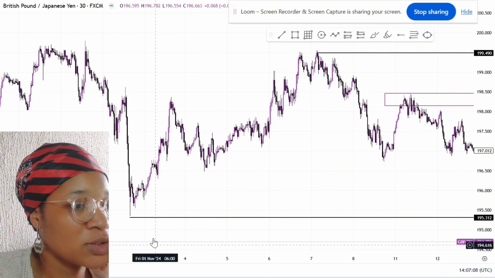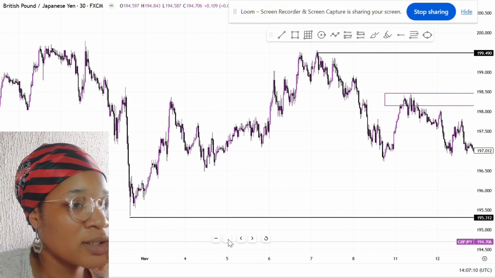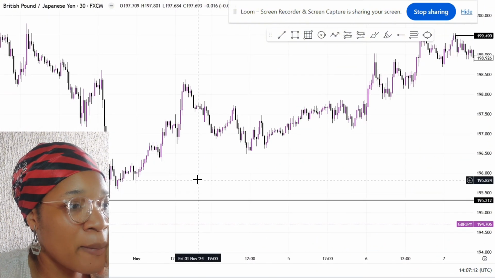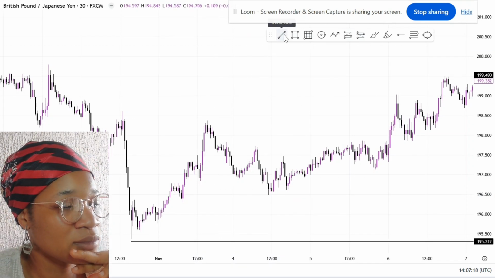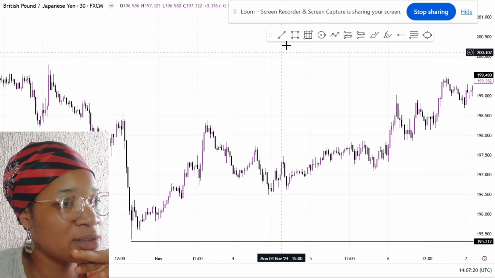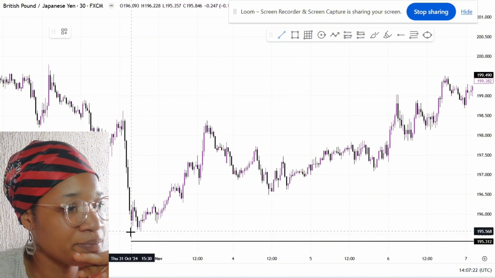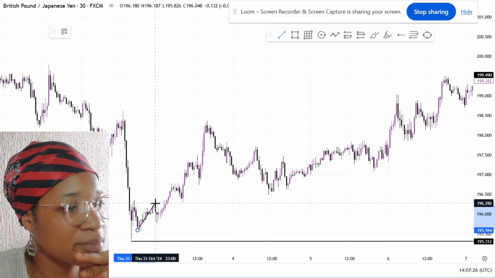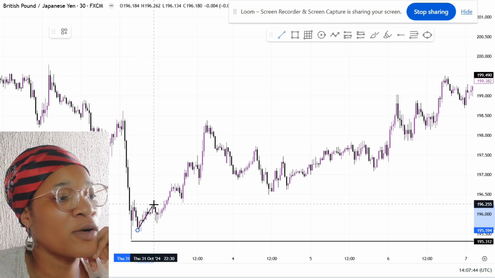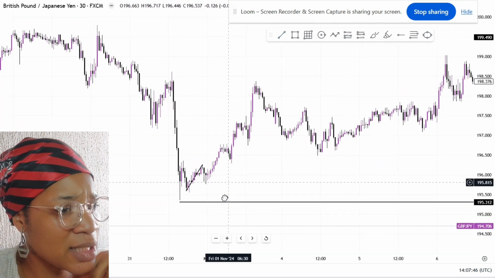So you can see right here, there has been one movement right here. There has been one movement here, from here to here, from here to here.